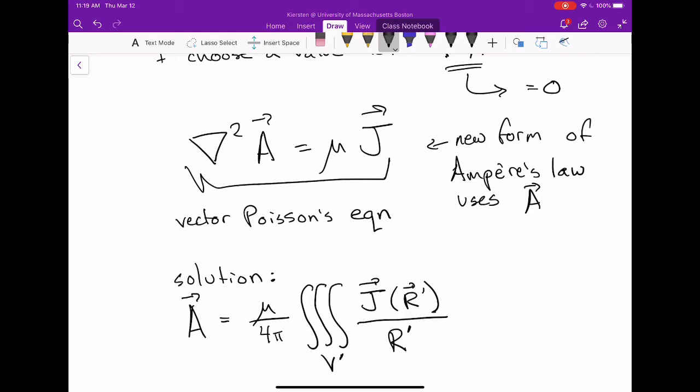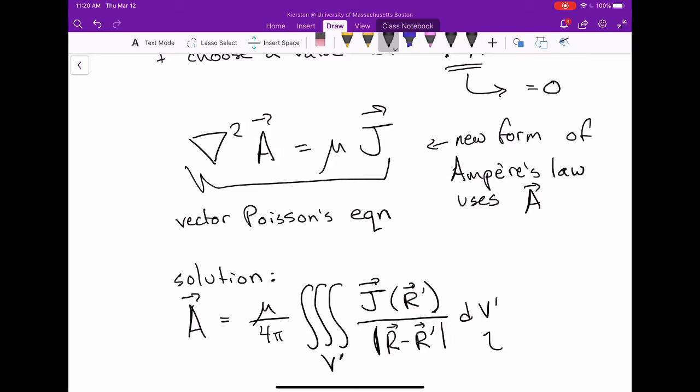That's the distance from the, well, let me rewrite that a little better. That would be magnitude of r minus r prime, and a is going to be a function of r, dv prime.